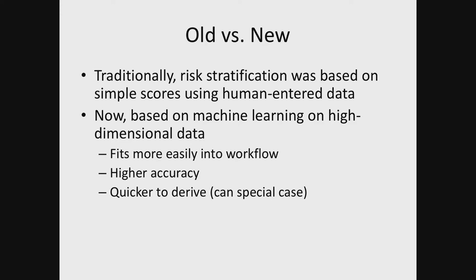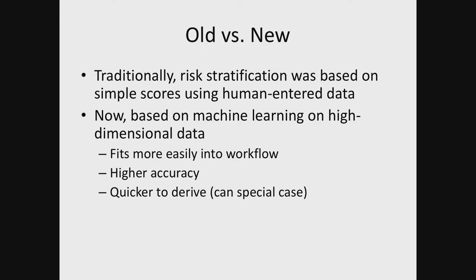First, and this is perhaps the most important aspect, they can fit more easily into clinical workflows. So the scores I showed you earlier are often done manually. So one has to think to do the score. One has to figure out what the corresponding inputs are. And as a result of that, often they're not used as frequently as they should be.